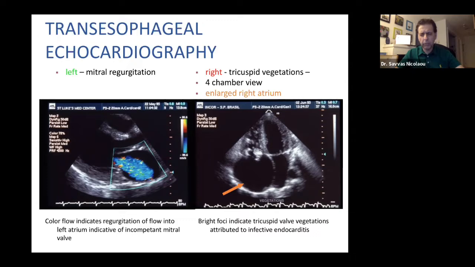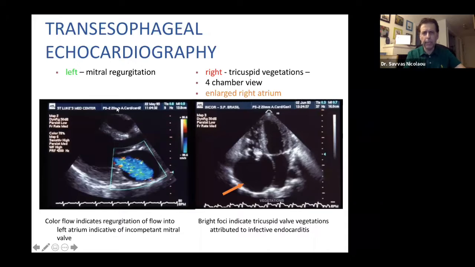The reason we perform transesophageal echocardiography is better delineation of the anatomical structures, particularly if we're looking at mitral regurgitation, as we see in this particular example, blue meaning flow away from the transducer, and this indicates mitral and tricuspid regurgitation.